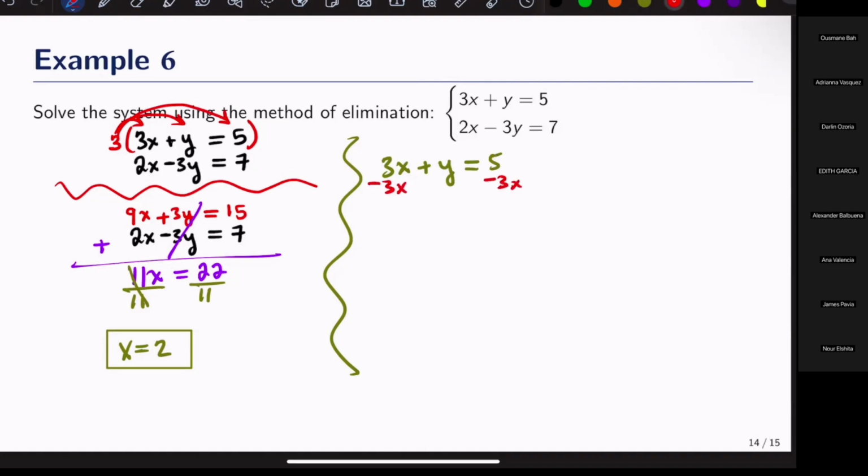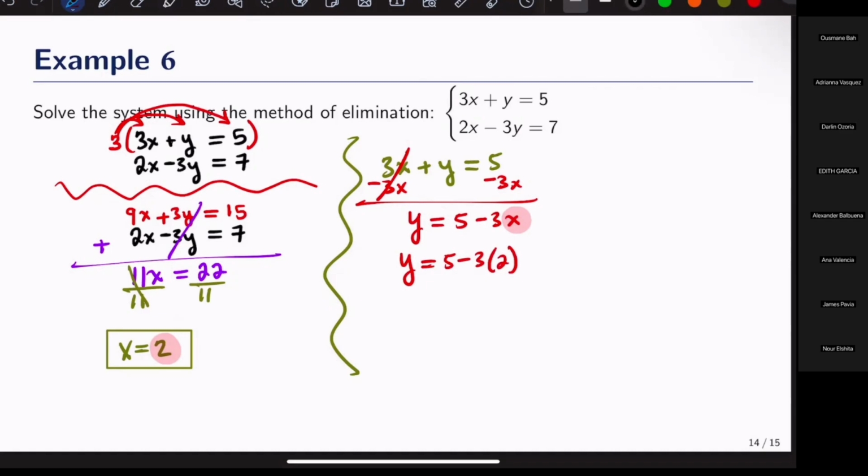And so now we're looking at just y is equal to 5 minus 3x. Now, wherever you see an x, we're just going to replace that with the value 2. 3 times 2 gives you 6. So we're looking at 5 minus 6, which gives us -1.